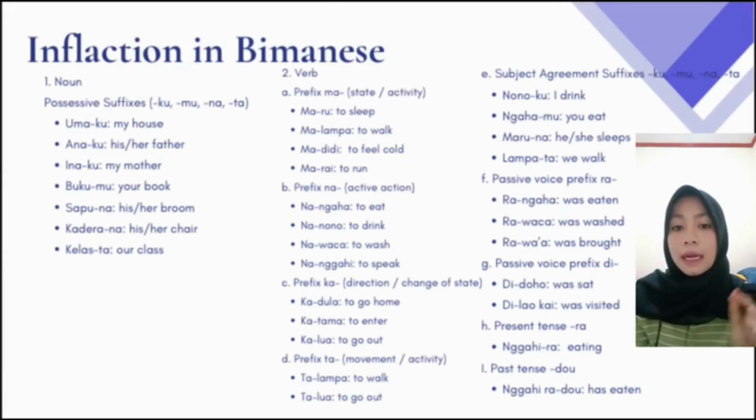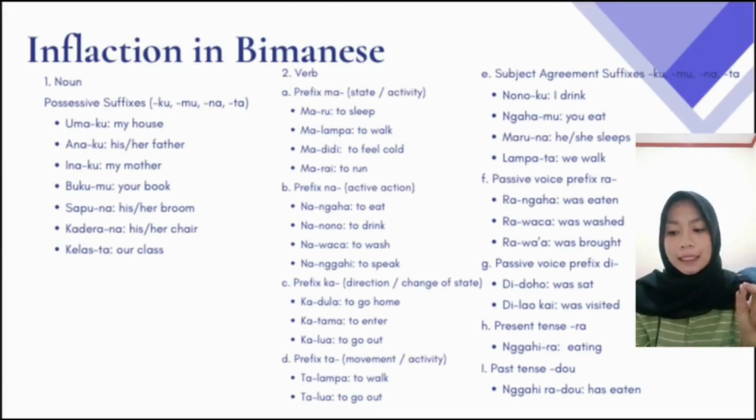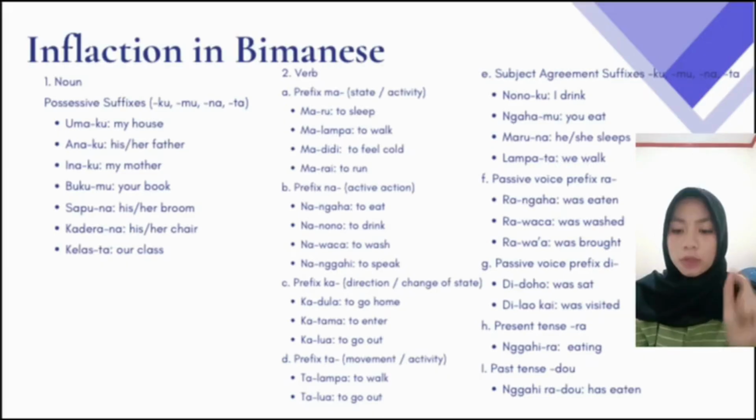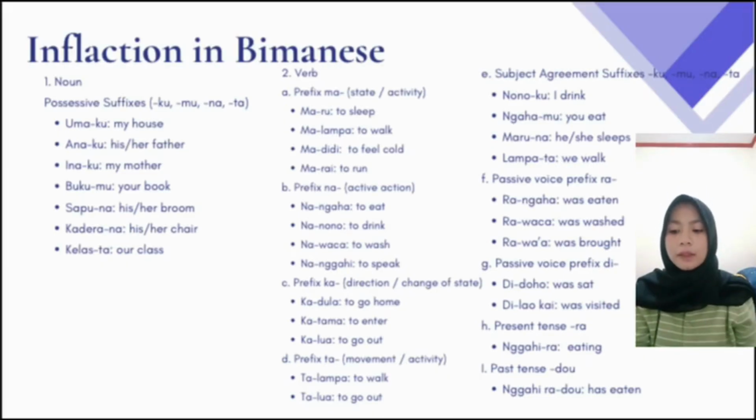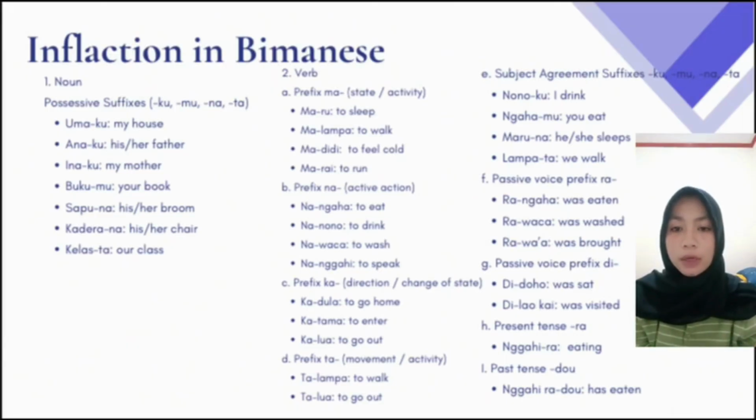For example, ra ngaha means was eaten, and ra wacha means was washed. And then prefix di, another passive marker, often used in different contexts or styles. For example, di doho means was eaten, and di laukai means was visited. And then present tense ra. The marker ra shows that an action is currently happening. For example, ngahira means is speaking.